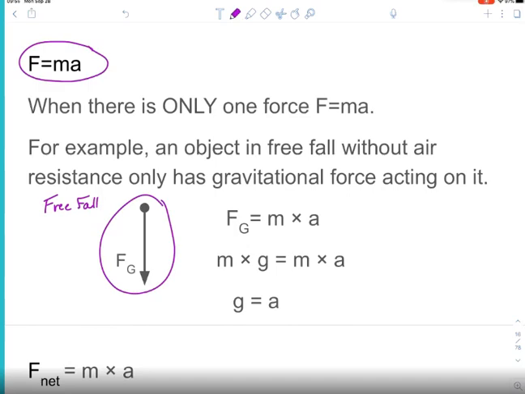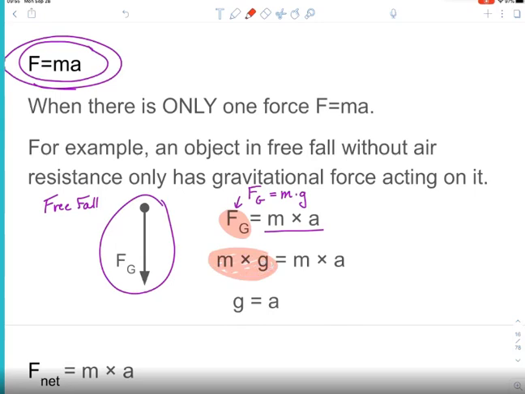And so using this F equals ma, the only force acting on it is my gravitational force, and then I'm going to have equals ma. Well, we know from last time that Fg, or our gravitational force, is equal to mass times my gravitational field strength. So I'm going to substitute in for my Fg with mg.